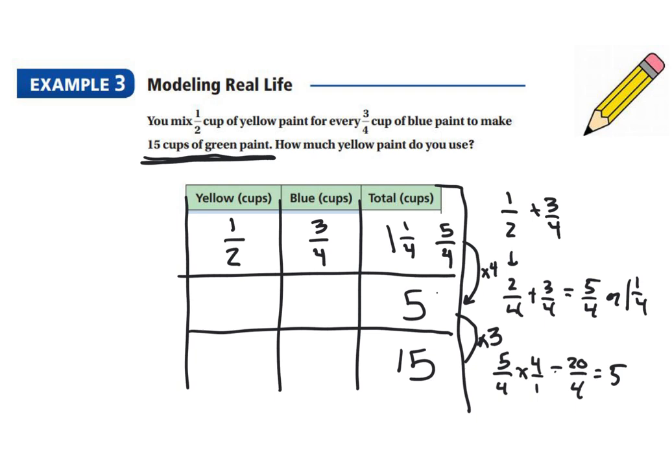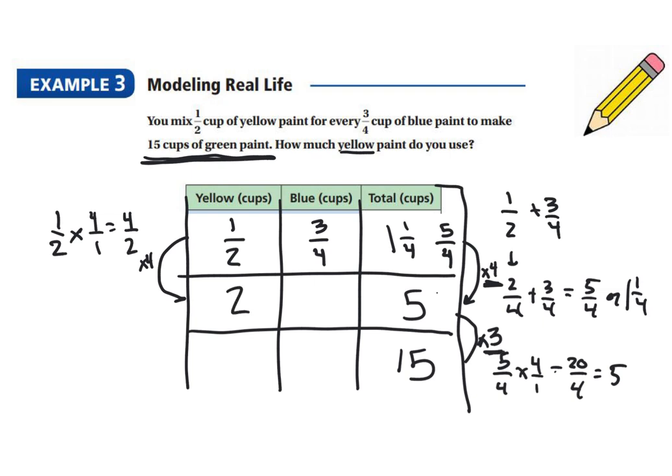The question asks how much yellow paint. So now we need to apply the same factors over on this side. 1/2 times 4. So that's 4/2, which is 2.